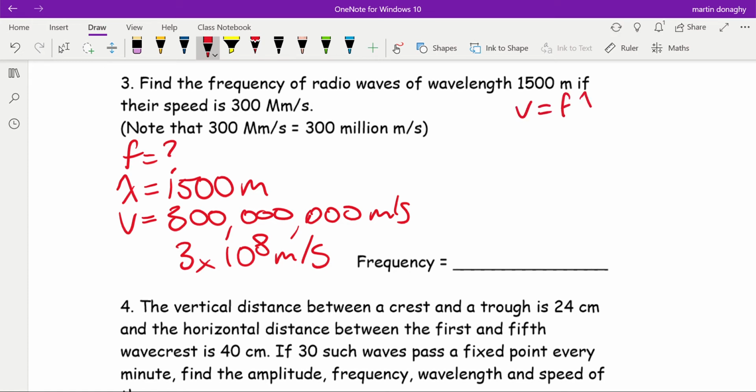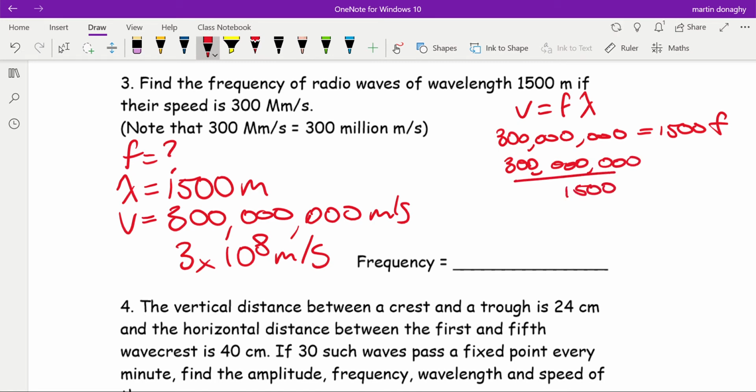So V equals f lambda, 300 million equals 1,500 times f. Divide both sides by 1,500, and that will give us a frequency of 200,000 hertz.